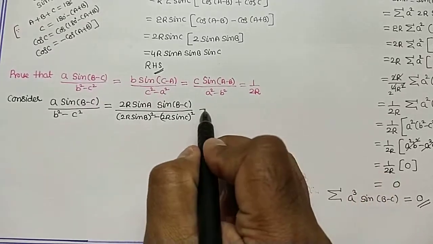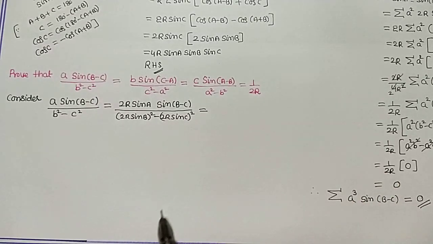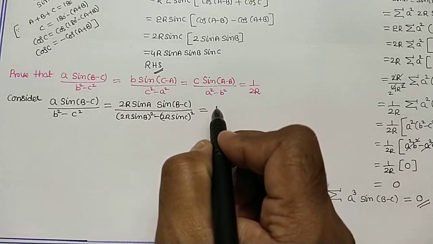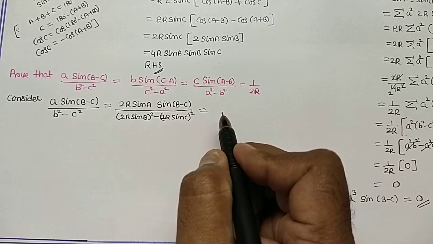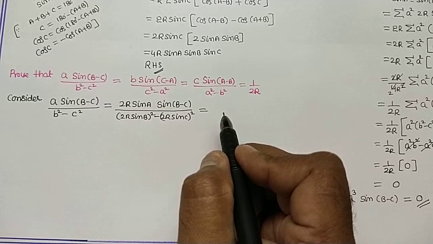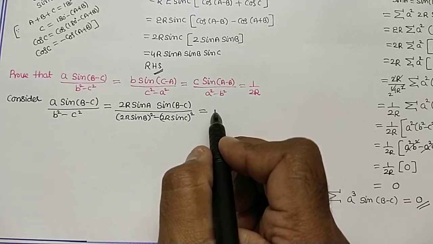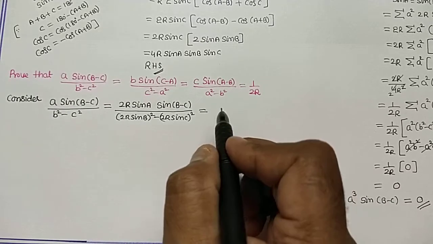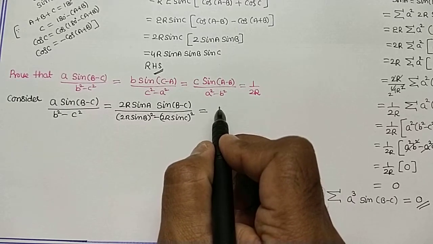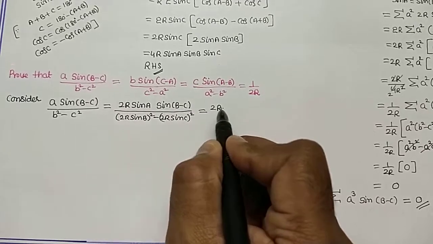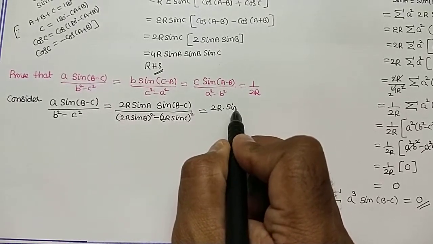Just now we proved that sin A equals sin of B plus C. Since A plus B plus C is equal to 180, A equals 180 minus B plus C. So sin A equals sin of 180 minus B plus C, which is sin of B plus C.